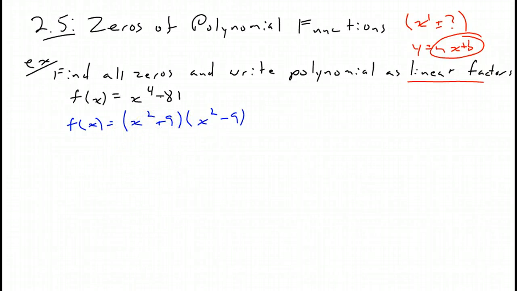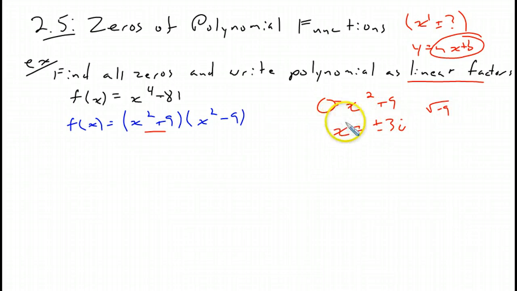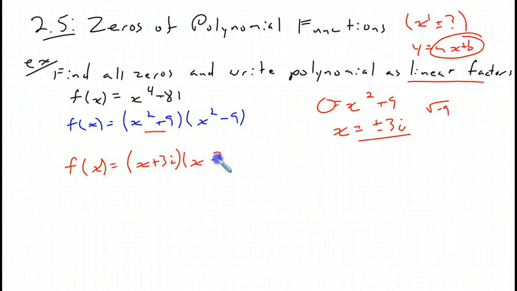But if I look at just this one off to the side, if I try to solve for 0, I know x is going to equal plus or minus 3i, since I had to take the square root of negative 9 when I moved it over to the other side. So there's my two factors right there. So f of x equals x plus 3i and x minus 3i. Okay, that's just coming from that term.